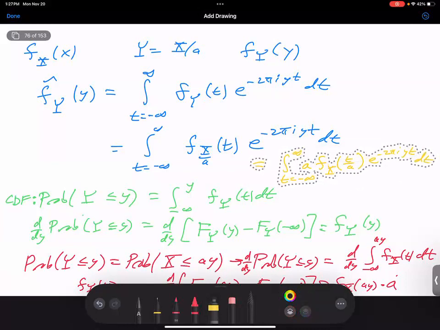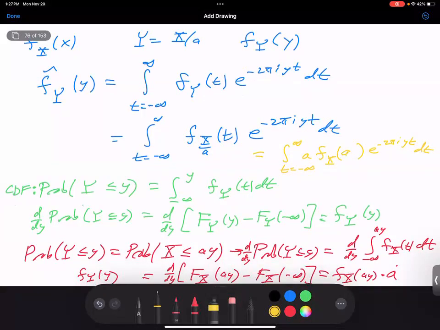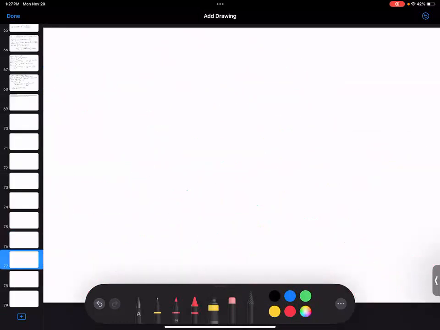Why is it t over a instead of at? Oh, it's at, sorry, thank you. Does this make sense? So the Fourier transform of Y is now related to the Fourier transform of X, but it's at a different point. All right, so that means we have to do more work.